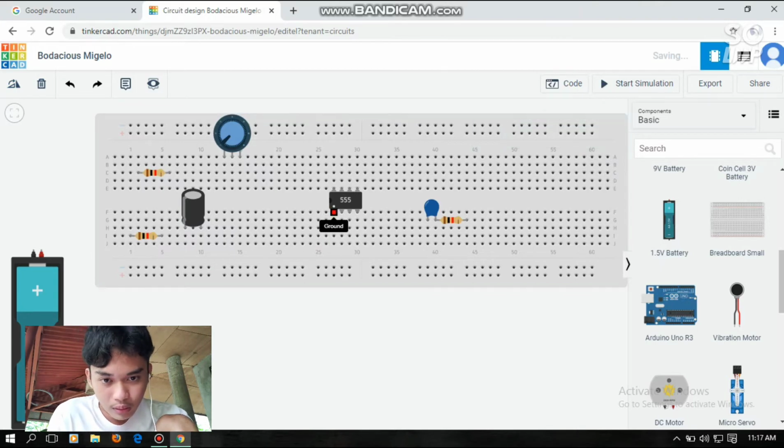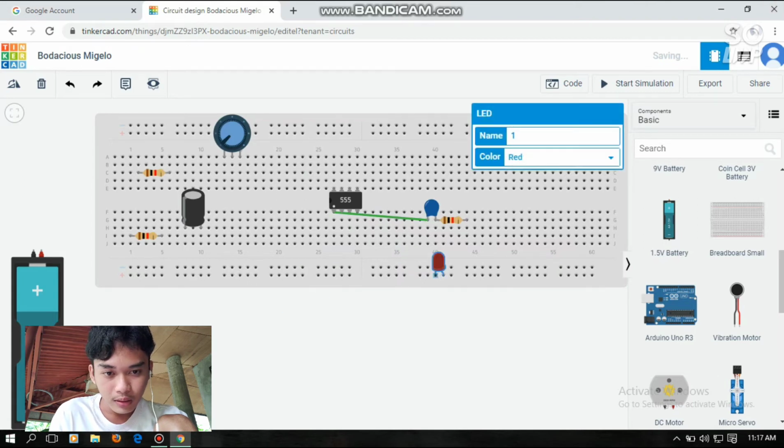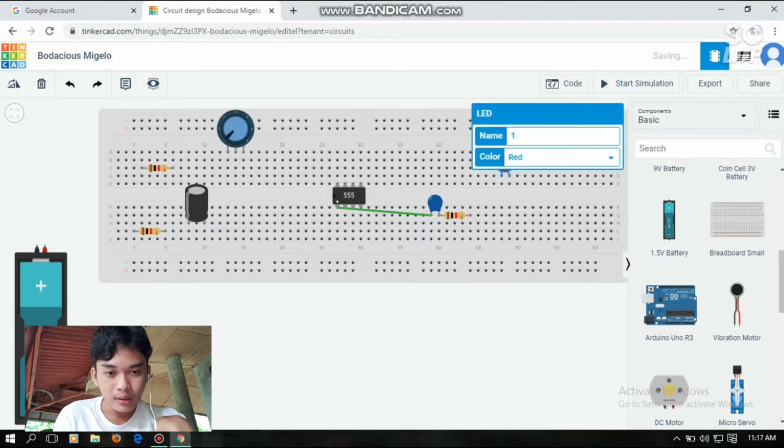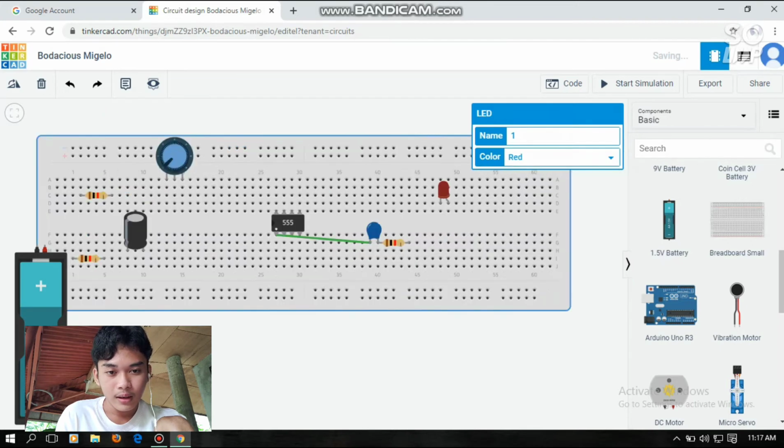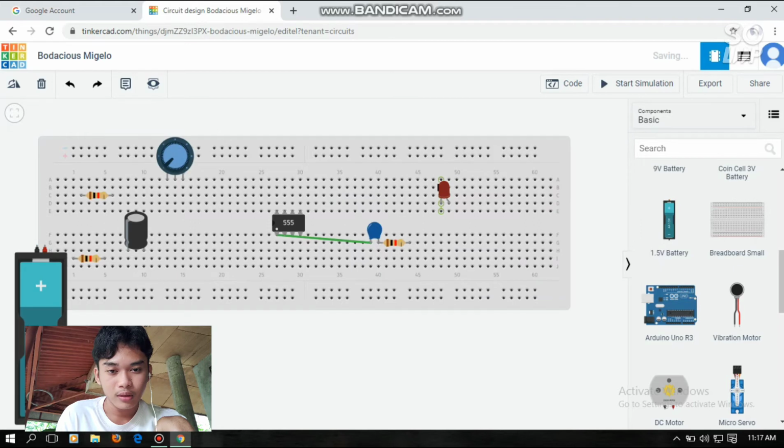So the output is connected to capacitor's terminal 1. Resistor connected to the cathode of LED light.